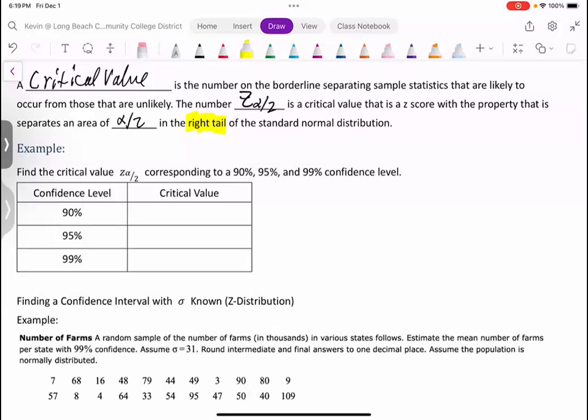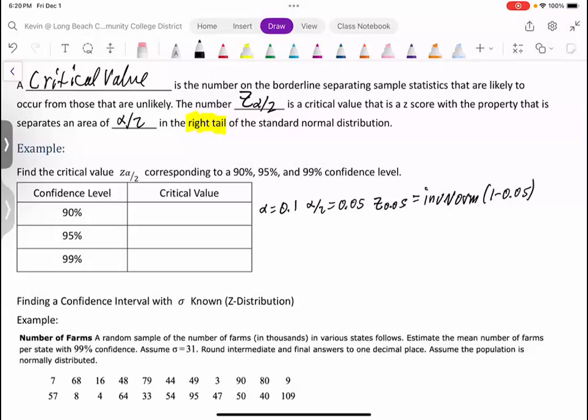All right, let's talk critical value. So when we have our confidence level at 90%, again, that means our alpha is at 10%, which means, again, alpha over 2 is 5%. And so z sub 0.05 is going to be inverse norm of 1 minus 0.05 because we want the right tail.